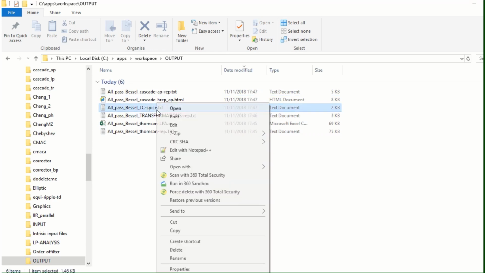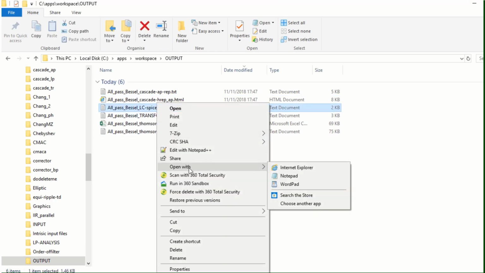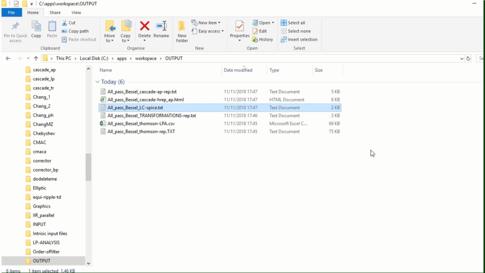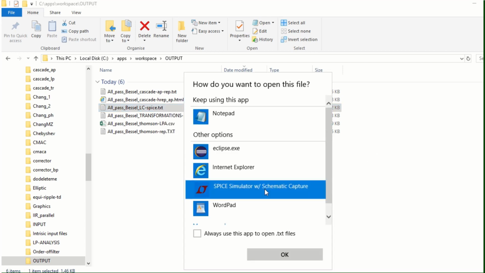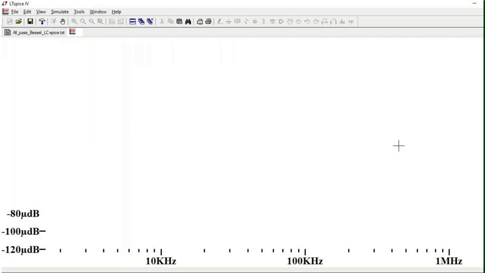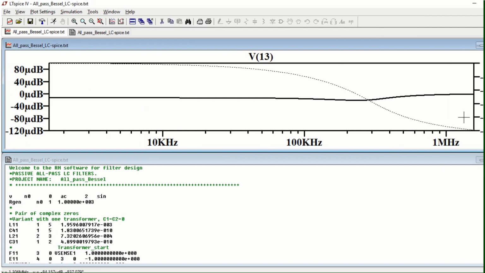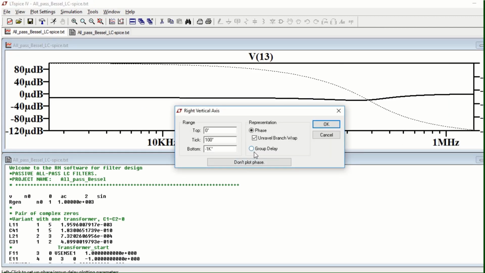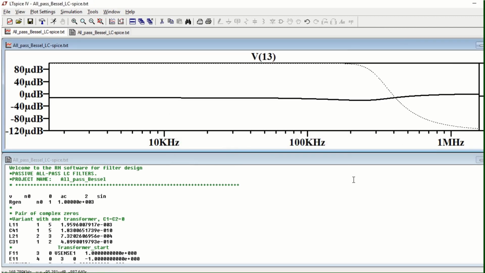Done. Now we will see what happened. Here is the spice file. And here is the response. Let's see first the group delay, which is more important. And as you can see, the approximation is about 200 kilohertz constant group delay.